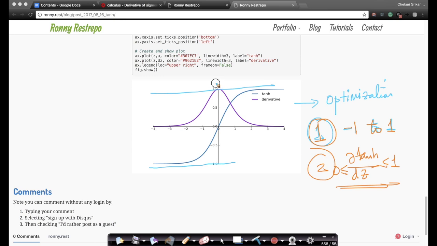The maximum value it takes is 1. The minimum value it can take is 0. And if you notice, between -3 and +3, it has some reasonable value. But after +3 and after -3, the value of the derivative of tanh becomes very, very small. After this, of course, there is some value here. It's also not very large, but its largest value is found at 0.